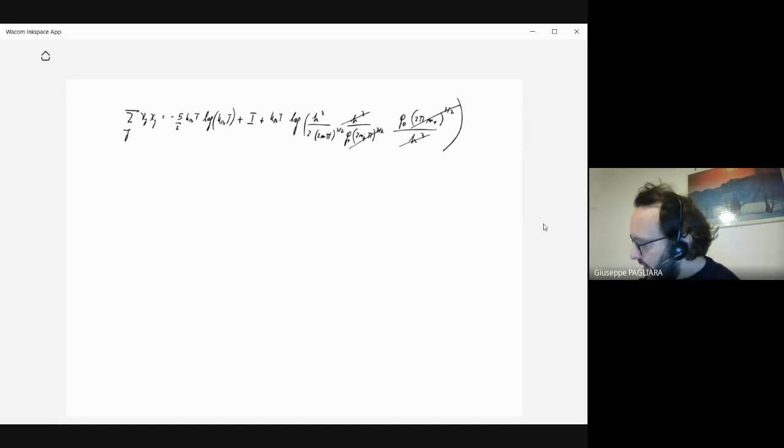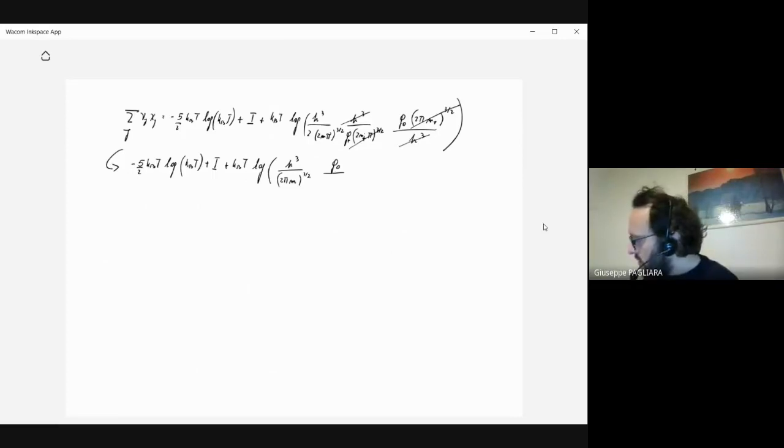Okay, so finally this formula provides the following result: 5 half kBt logarithm of kBt plus the ionization energy plus kBt times the log of h cubed divided by 2 pi m to the power of 3 half. And then I have a ratio between the degeneracy G0 divided by 2G plus.